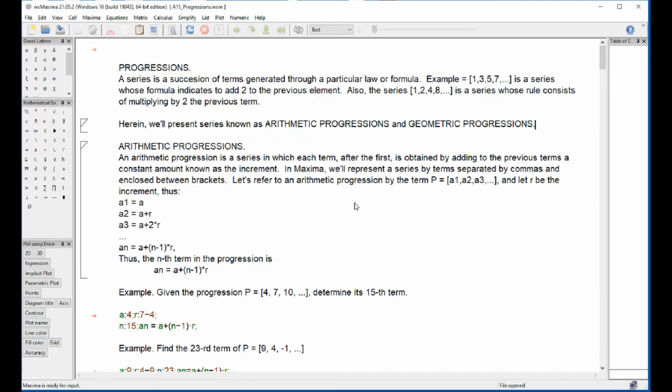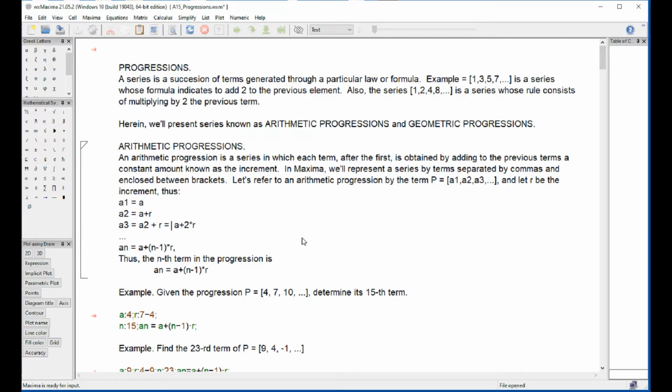So in an arithmetic progression or arithmetic series, the first term I'm going to call A1 is a constant value that I call A. The second term is A plus an increment that I'm calling R. The third term will be the value A plus twice the increment, because all we do is take the previous term A2 and add the increment.